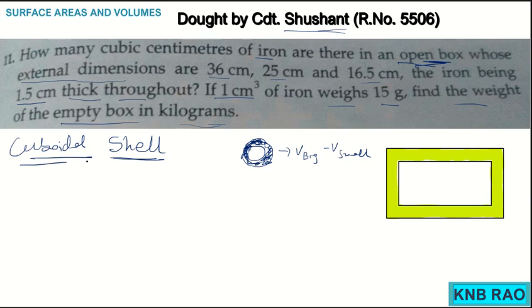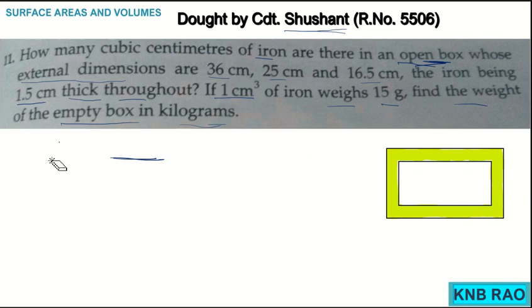We can say cuboidal shell or hollow cuboid. Okay, now let me explain with the help of this figure. Here I have got external length and I have got internal length.